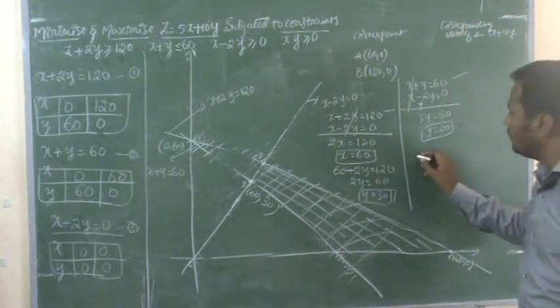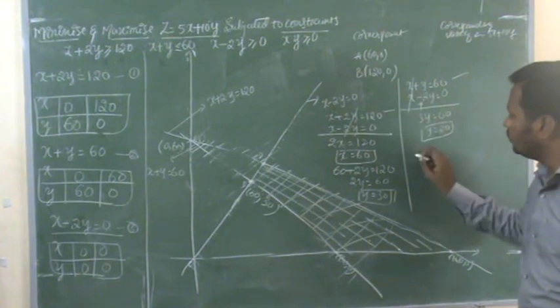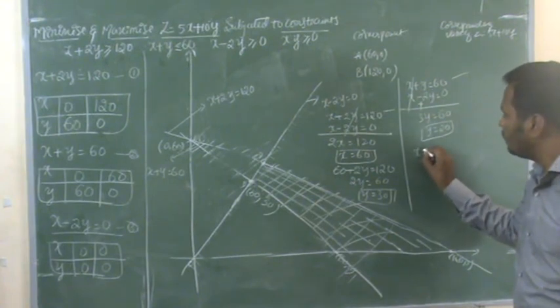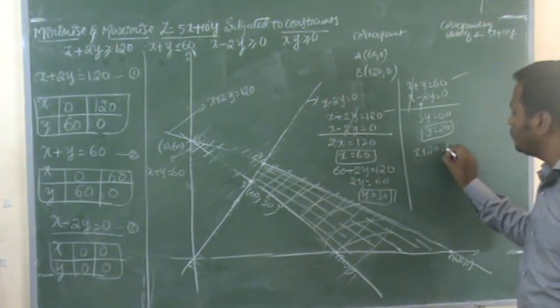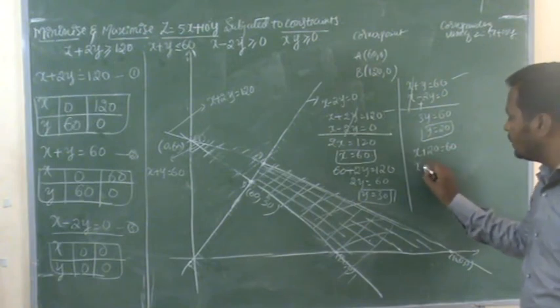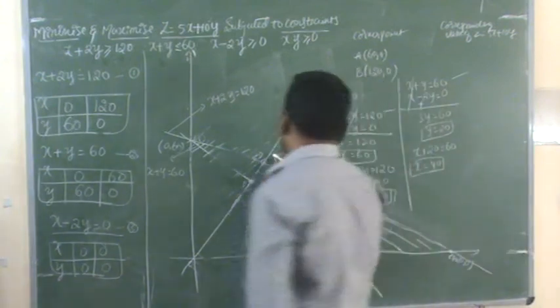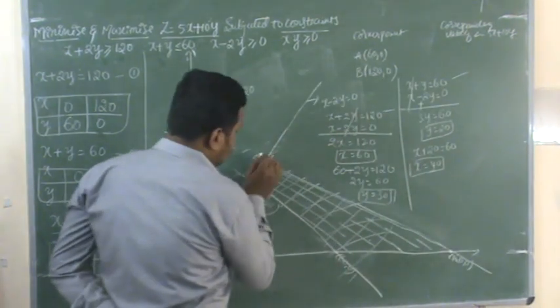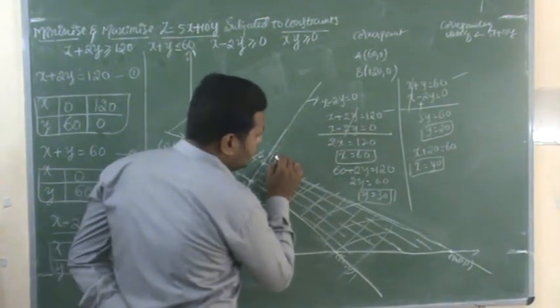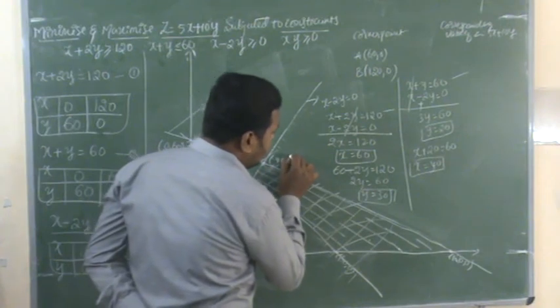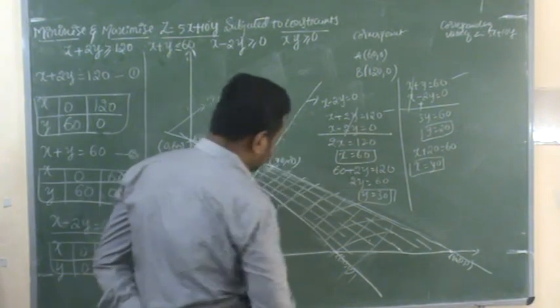We substitute in equation number 2, we get x plus 20 is equal to 60. Therefore x is equal to 40. This is the C point: x is equal to 40 and y is equal to 20.